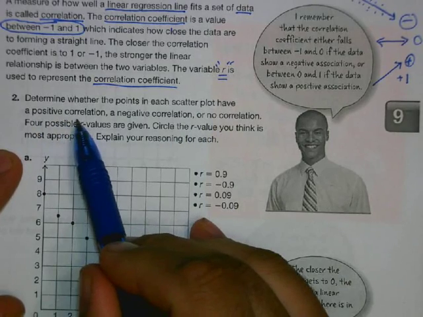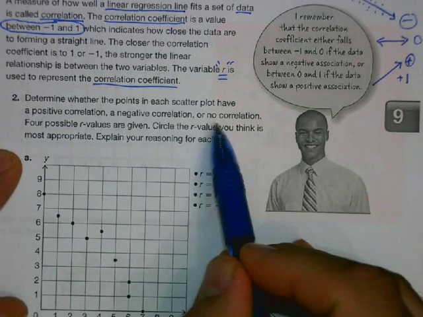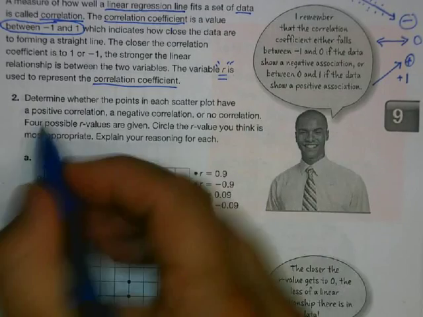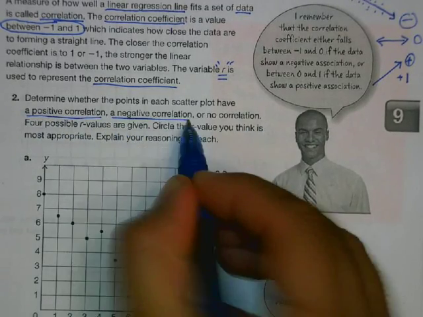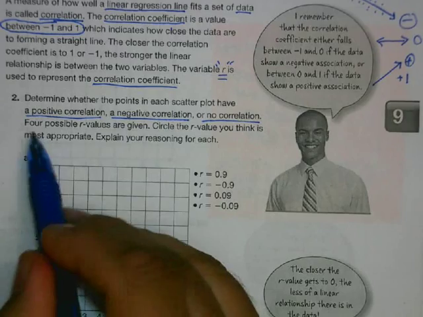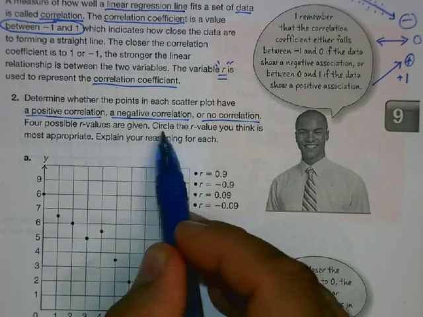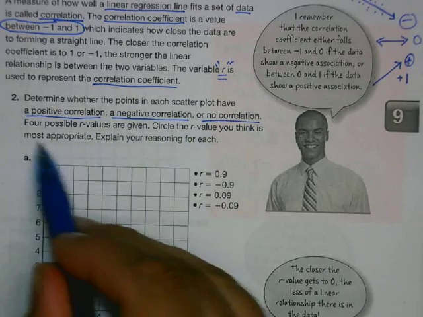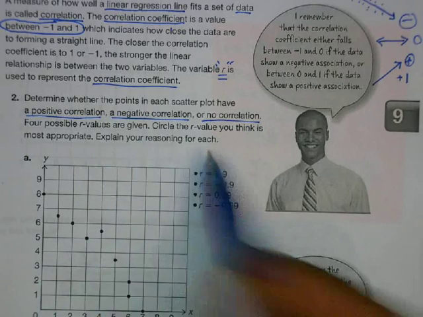Okay, so for values there, they give us 0.9, -0.9, 0.09, and -0.09.